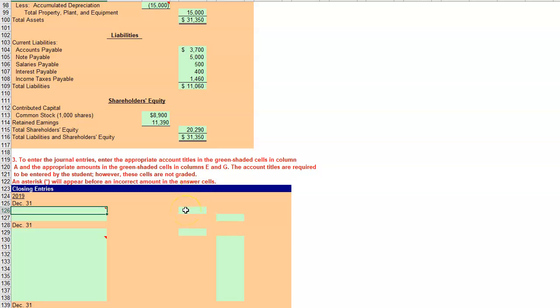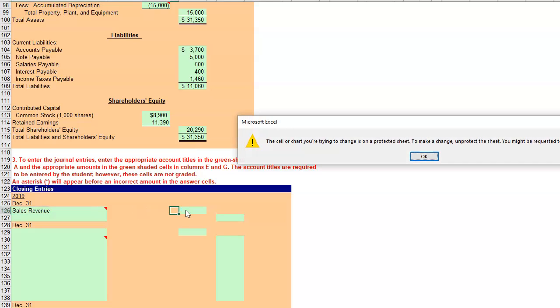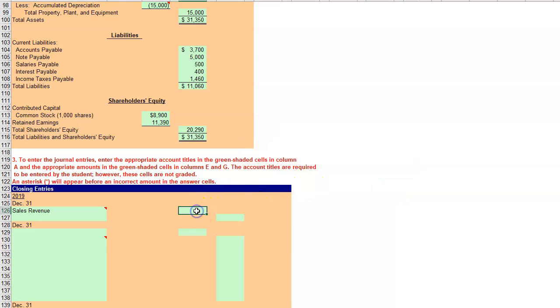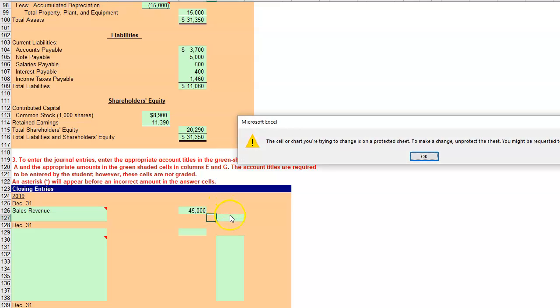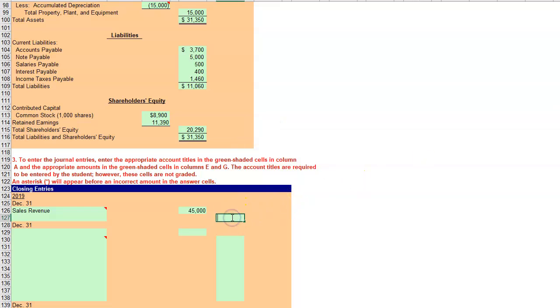So if I want to close it out, I have to debit the revenue account. And then my credit will be to income summary.